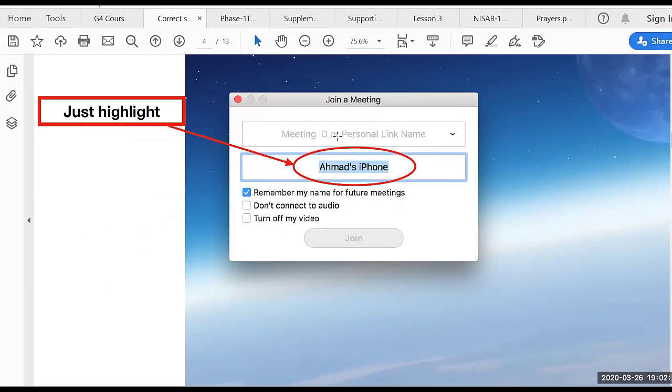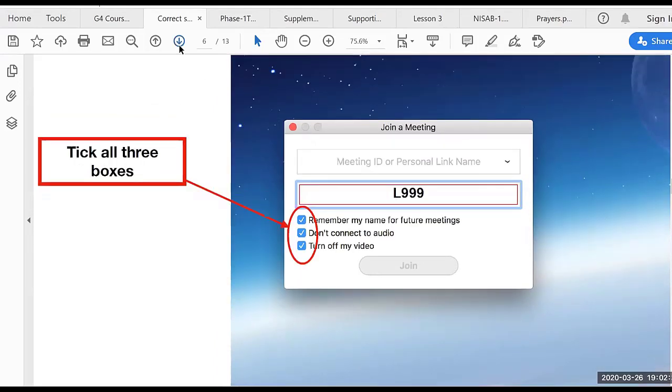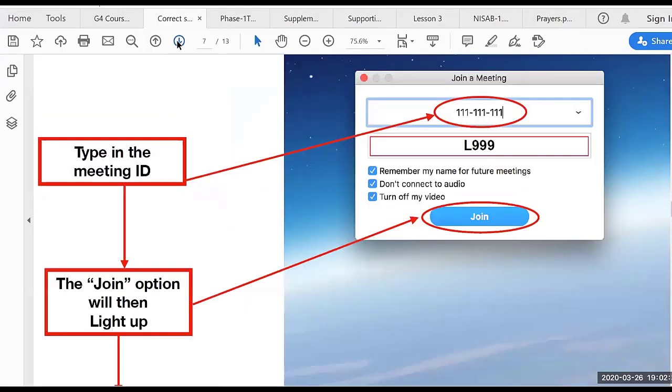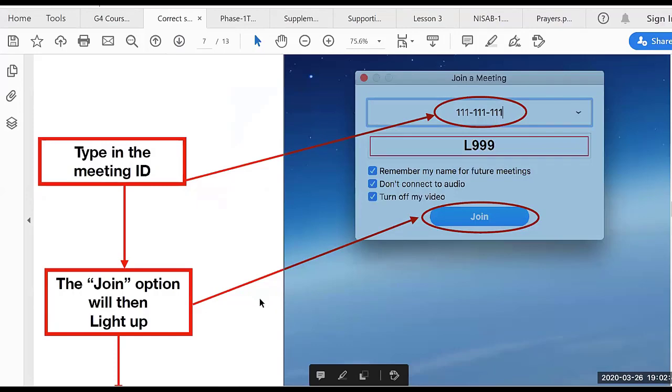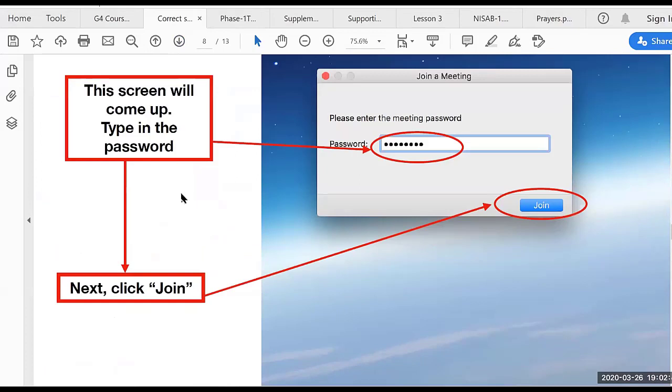So if you highlight this and get rid of it, your personal ID should be a capital L followed by 3 numbers. So you have to type that and then tick all of the boxes and join the meeting. Then this screen should come up where you have to type in the password.